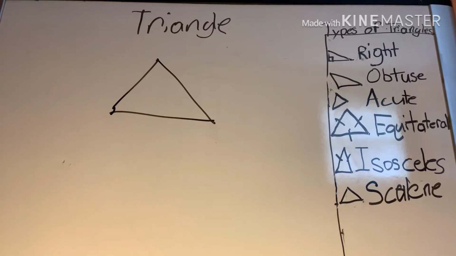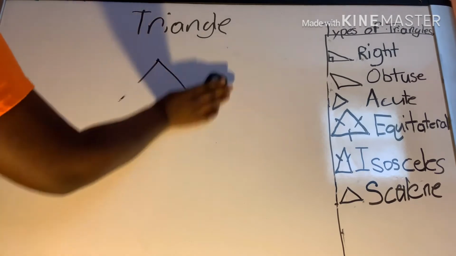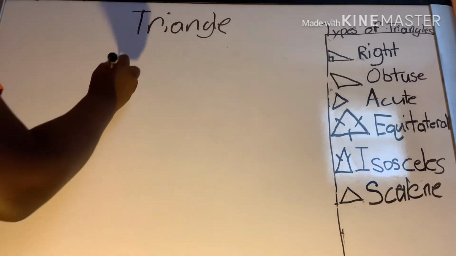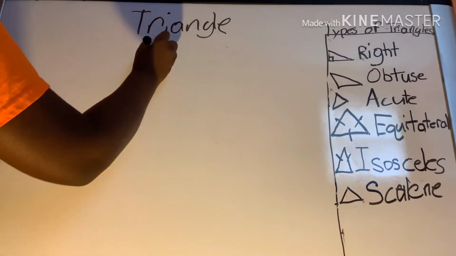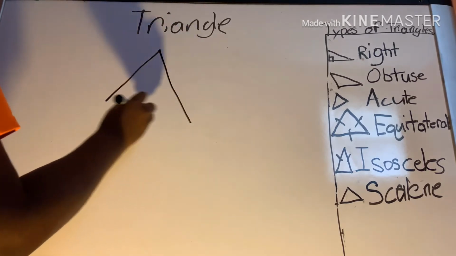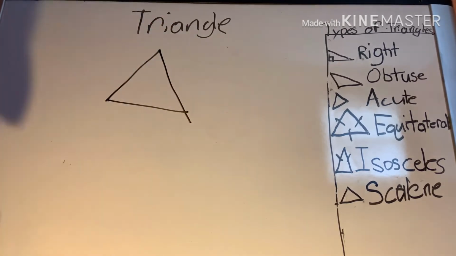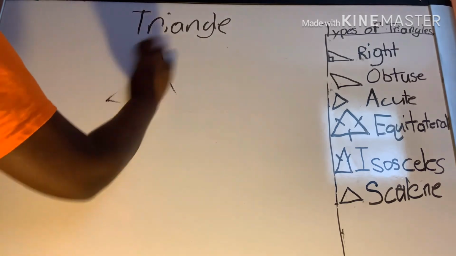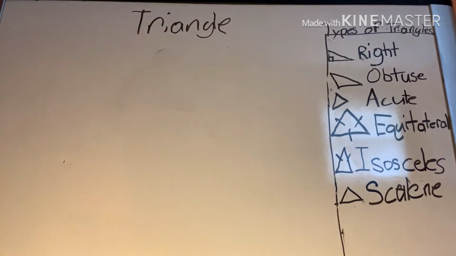To tell it's an isosceles triangle, you must have at least 2 sides which are exactly equal. So that would actually not be, because this would be equal to an equilateral. So to have 2 sides that are exactly equal.